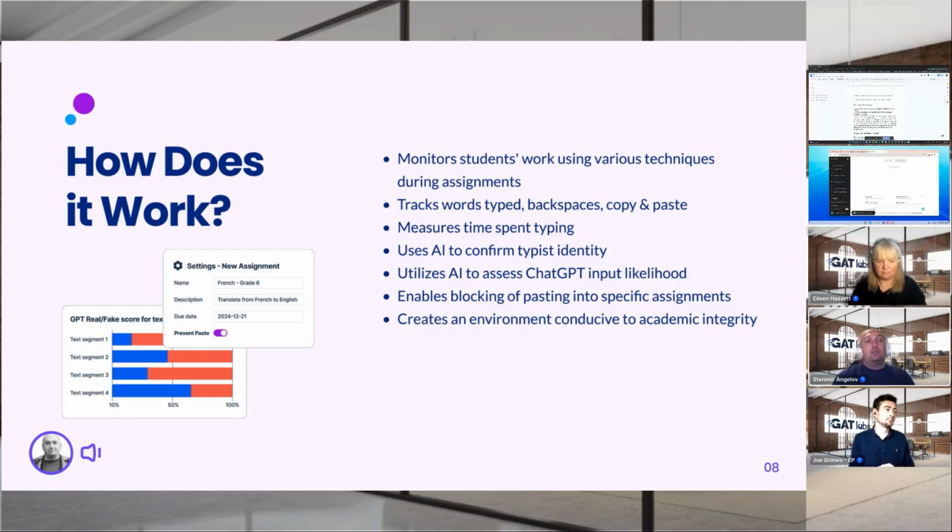Then we use this knowledge to continuously verify the person's typing on their keyboard when the user is logged in. Based on this algorithm, we calculate the way the student is typing on the keyboard during the work on the assignment. So it can distinguish if the student is typing the text themselves, or maybe somebody else is typing instead of them.